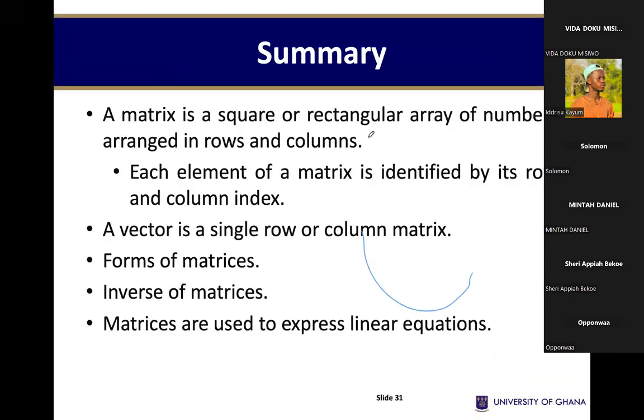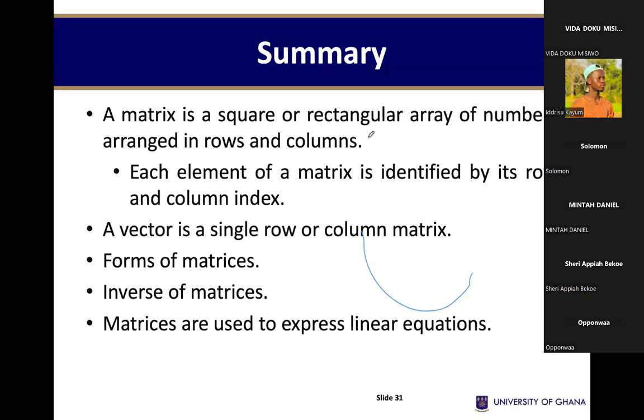In summary, a matrix is a square or rectangular array of numbers arranged in rows and columns, and we name a matrix based on the number of rows followed by the number of columns, right? We saw that a vector is a single row or column matrix.